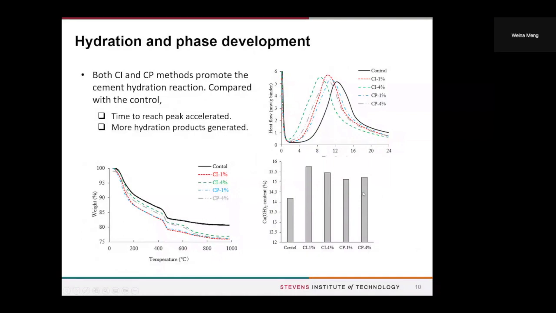If you compare the CI and CP mixtures at the same concentration, the CI mixtures show a shorter time to reach the peak, and also higher amounts of hydration product.